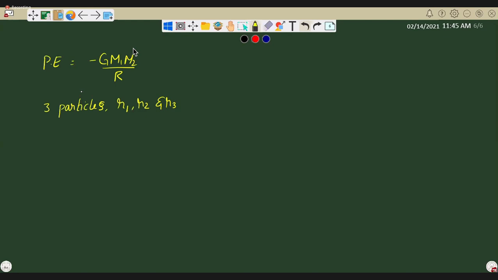That will be my gravitational potential energy because of these three masses, M1, M2, and M3. So the total potential energy of the system is minus G taken common, (M1 M2 divided by r1 plus M2 M3 divided by r2 plus M3 M1 divided by r3). Understood?